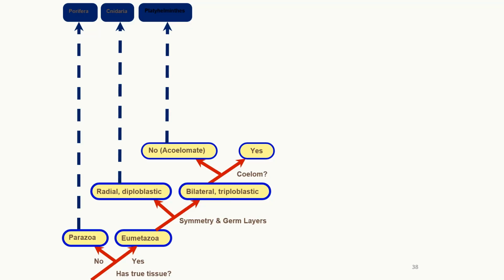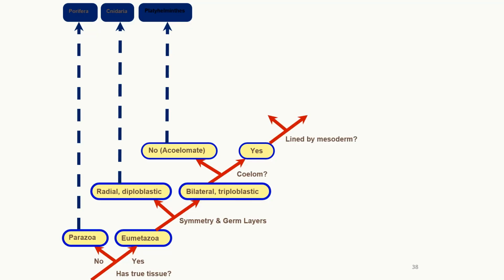If it has true tissue, it is a eumetazoan. And then we further look at whether it has bilateral symmetry and a triploblastic germ layer. Then we look at whether it has a coelom, the body cavity. If it does have a coelom, we need to further divide it in terms of whether that coelom is lined by a mesoderm or not.